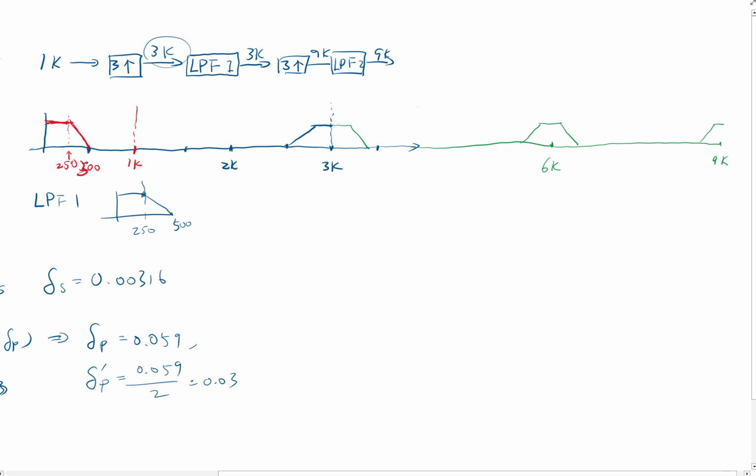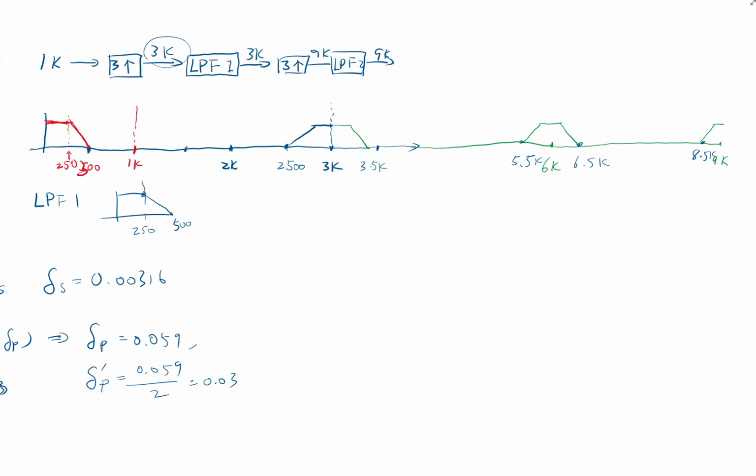For this one it is 500. This is 3000 minus 500, so the frequency is 2.5K. This one is 3.5K, this is 5.5K, this is 6.5K, and this is 8.5K. These are the critical points.